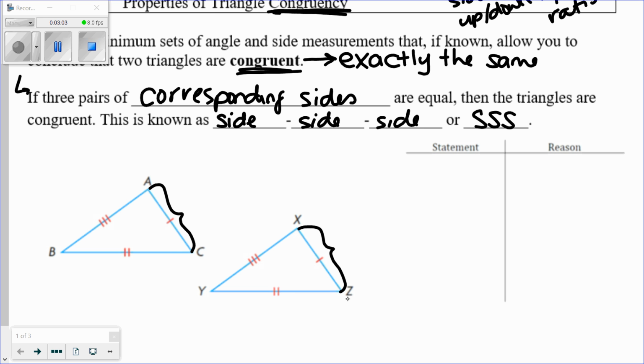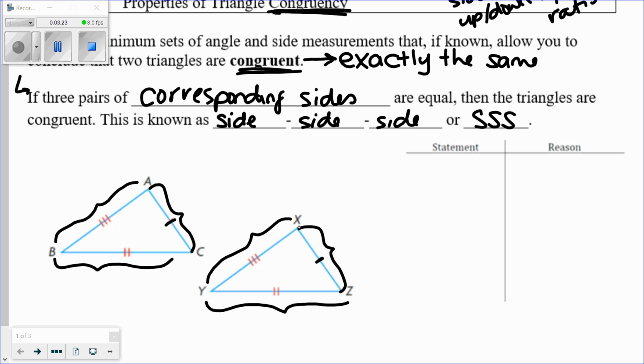The way that I know that they're the same, see how this guy has one tick and this guy also has one tick. So since that has the same number, that means those are the same lengths. And then if I look at side length BC, that is the same length as side YZ in the other triangle. And then if I look at side length BA or AB, it's the same as side length XY.